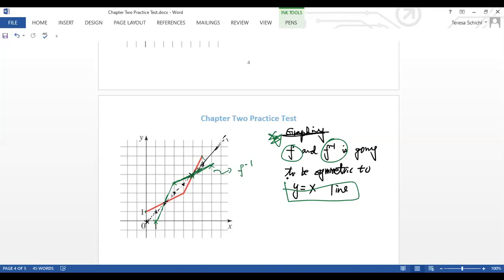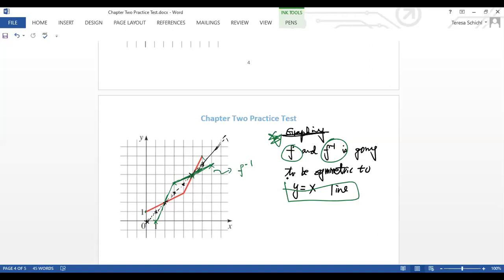Okay, so this is the chapter 2 practice test, and it covers several very important concepts and topics in chapter 2: the inverse topic, composites and how to compose functions, and function transformations, moving up, moving down, moving right, moving left. And how to find the inverse, and how to do the piecewise graph of functions.